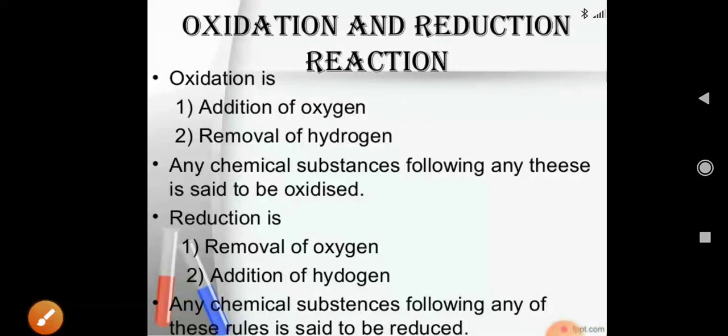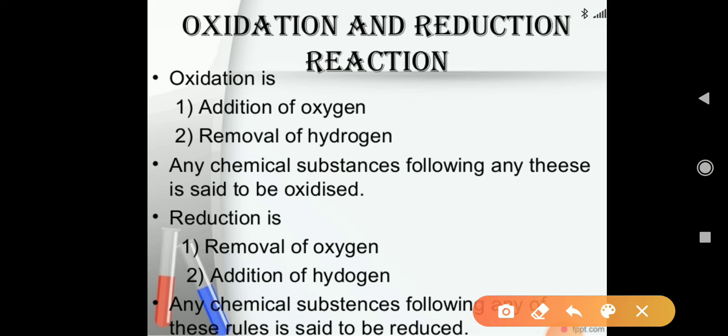Okay, then another two important types of reactions are oxidation reaction and reduction reaction. Now there are some definitions for oxidation reaction and reduction reaction. So the definition of oxidation: oxidation is the addition of oxygen. So when addition of oxygen takes place in a reaction, then that type of reaction is called an oxidation reaction.